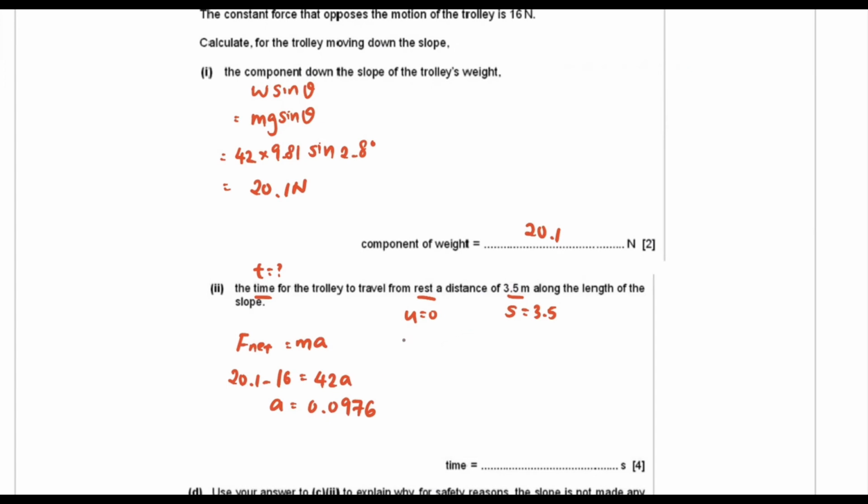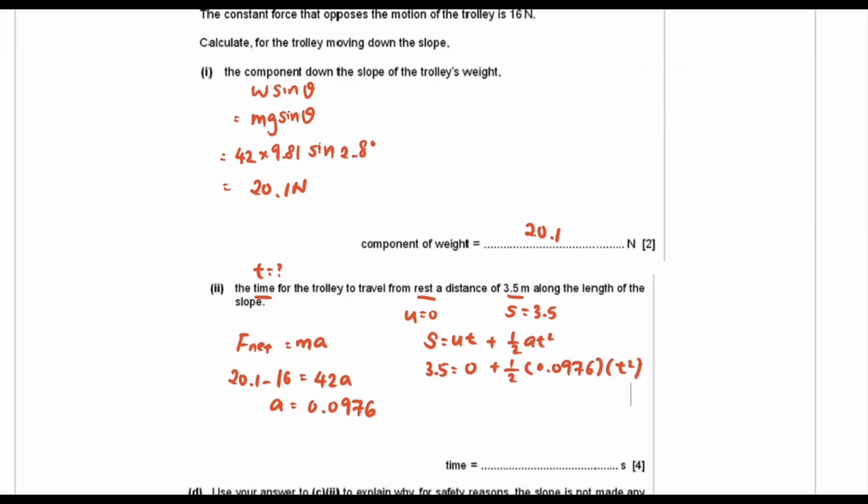Okay, so we have a, we have u, we have s, we have t. So we have to choose this formula. s equal to ut plus half at squared. So 3.5, 0, half, 0.0976 t squared. t squared unknown.